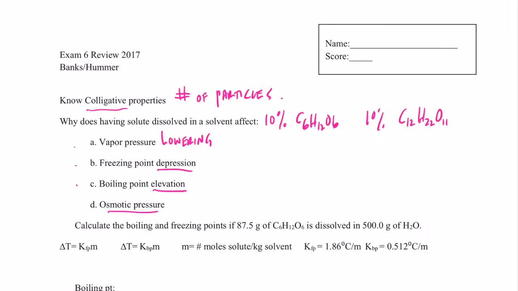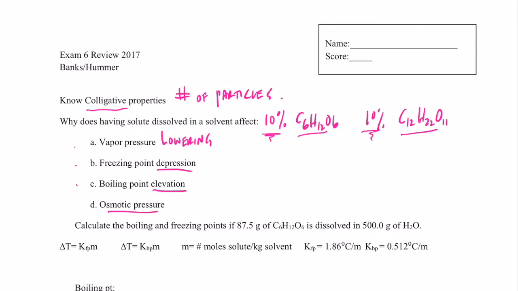It would end up that the vapor pressure lowering and the freezing point depression and the boiling point elevation and the osmotic pressure changes would all be the same, because it depends upon the number of particles, not the type. So whether it was glucose or sucrose, it wouldn't make a difference.